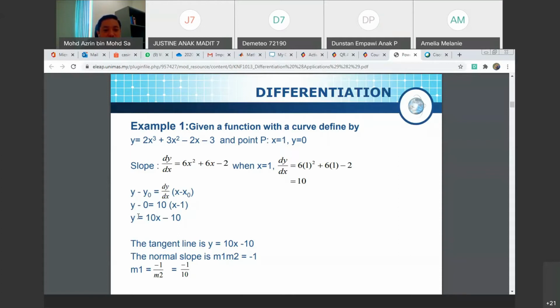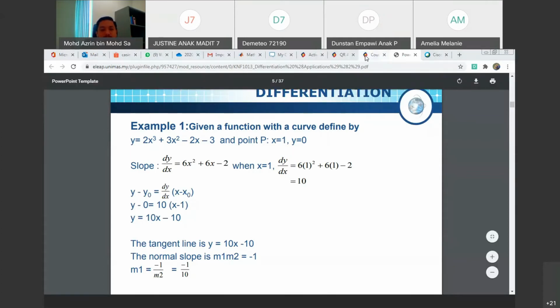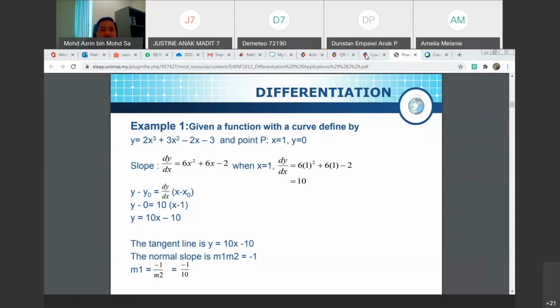Then you restructure the equation, and you will get y equal to 10x minus 10. So this is the equation for the tangent line, y equal to mx plus c.